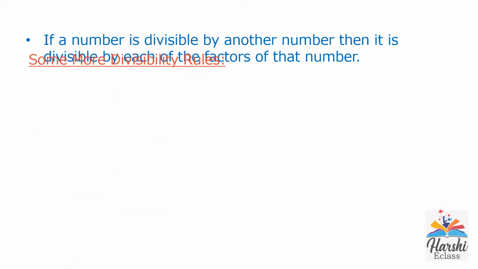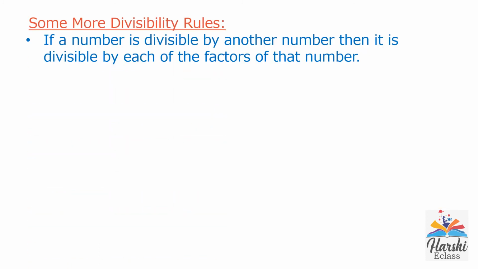Some more divisibility rules. There are 4 more rules. First one, if a number is divisible by another number, then it is divisible by each of the factors of that number. For example, 18. 18 is divisible by 9.